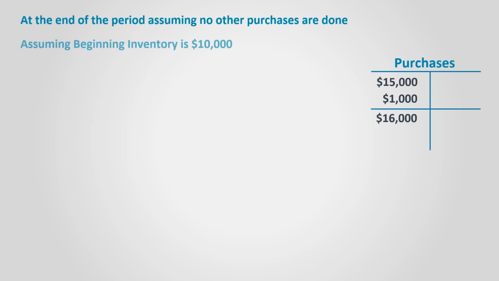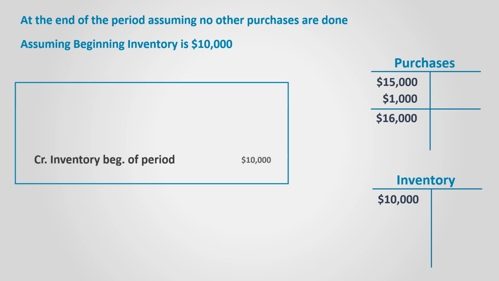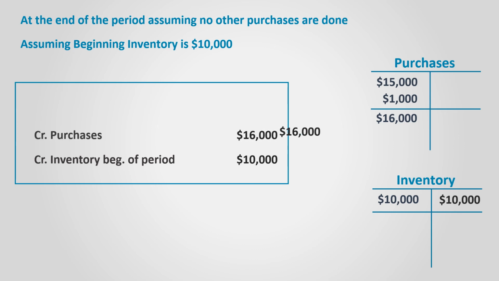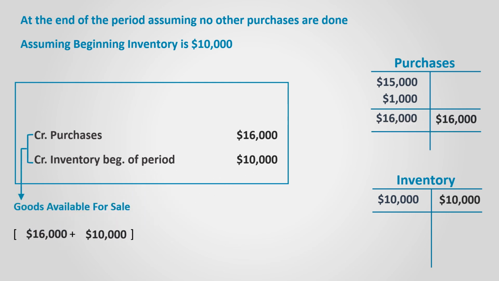To record the cost of goods sold and to update the inventory account to reflect the new balance of the ending inventory, we need to close the beginning balance of the inventory account by crediting it by $10,000, and also close the purchases account, which has a debit balance, by crediting it by $16,000. The addition of these two balances represents the goods available for sale of $26,000.